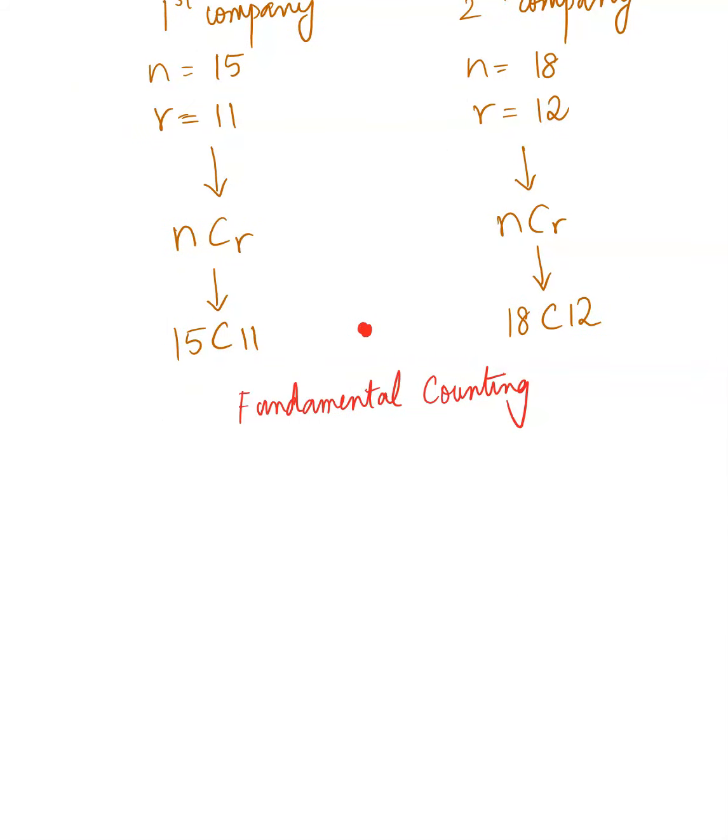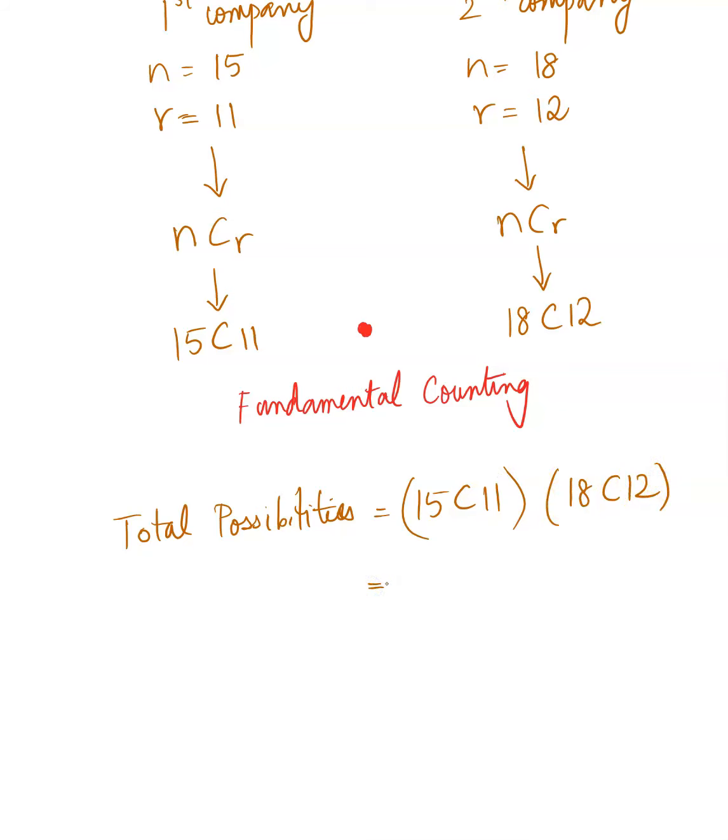So what we do here then is, for the total possibilities, you do 15C11 times 18C12. Now because we're using the calculator, it shouldn't be that tedious. So go ahead, take a moment, you can pause the video at this time and do the calculation yourself.